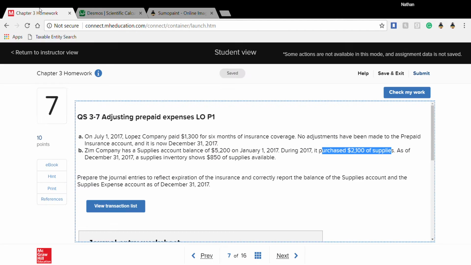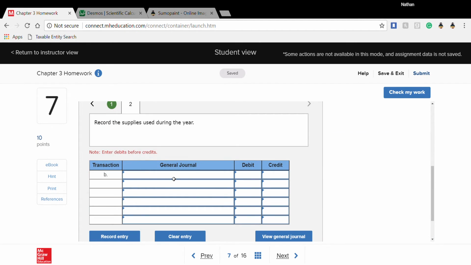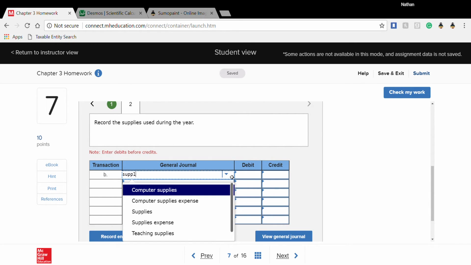So going back to the homework, we want to record the supplies. So again, we do the expense first because that's going to be my debit. So I'll search supplies. And notice that there's a lot of supplies this time around. So we basically just want to do regular supplies since it does not give us a specific account.